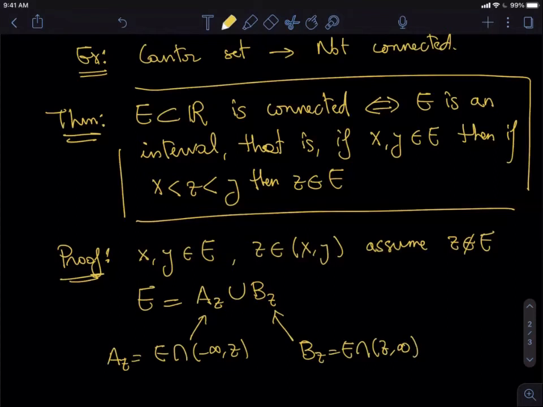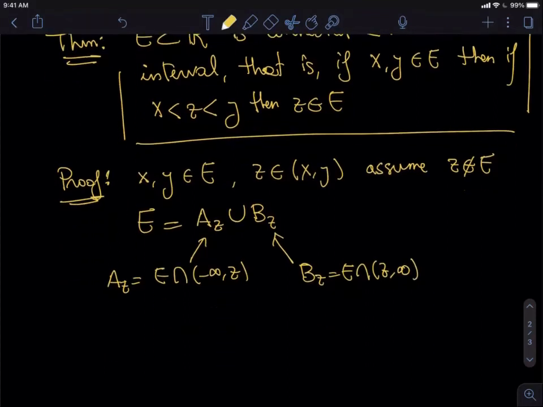When we do that, these A_z, B_z are non-empty, because x belongs to A_z and y belongs to B_z.